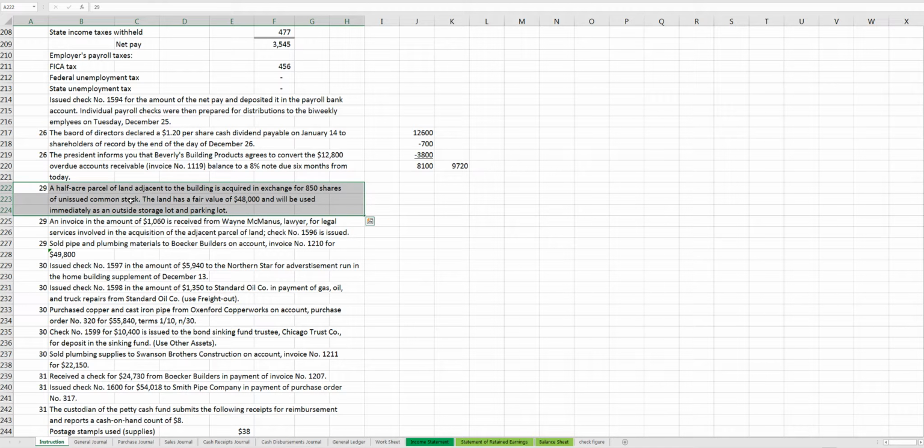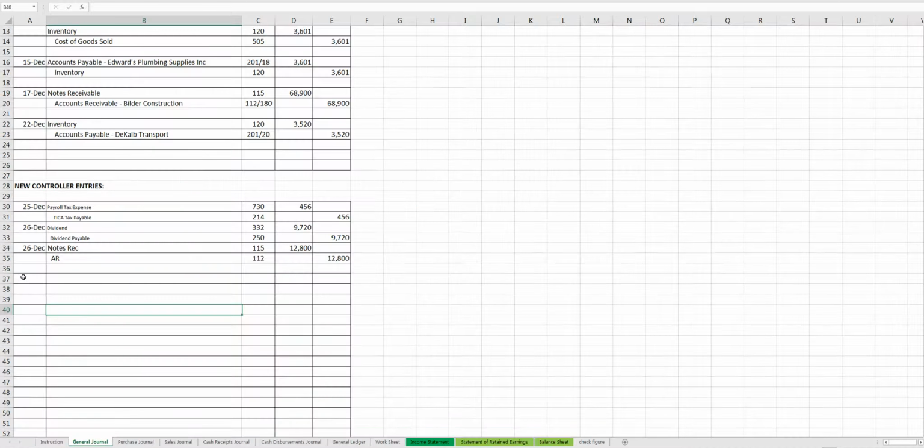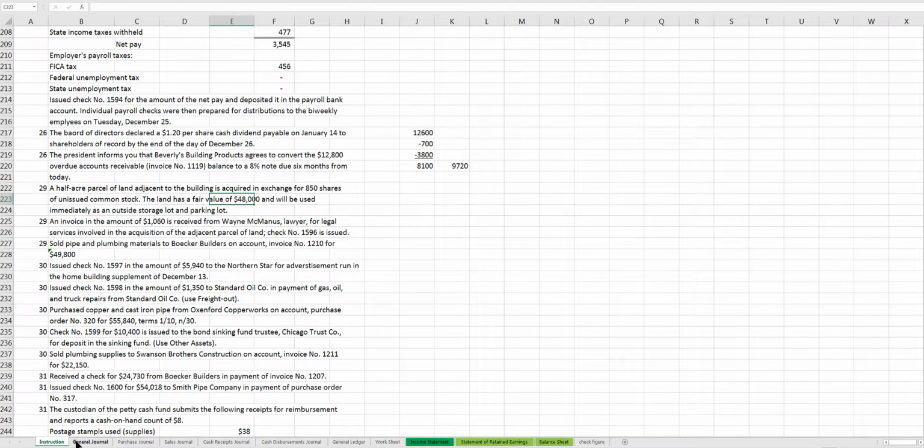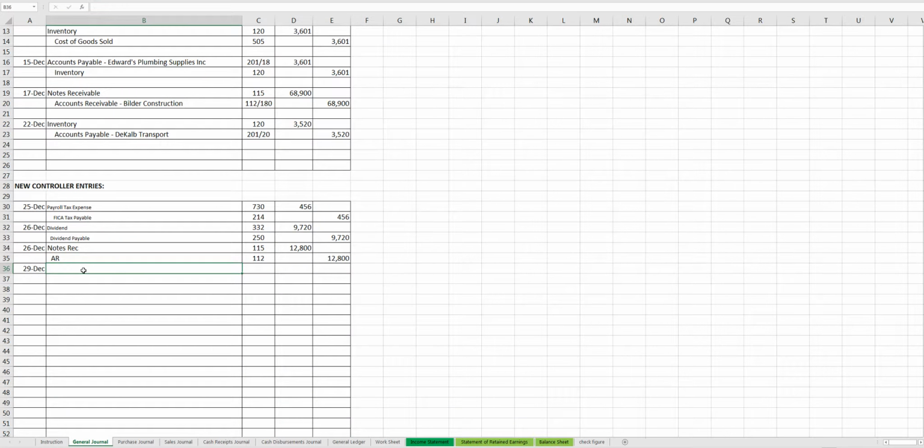In this case, we don't know the share price, so the value of the transaction is determined by the fair value of the land, which is $48,000. So this is December 29th. We're going to debit land with its fair value.